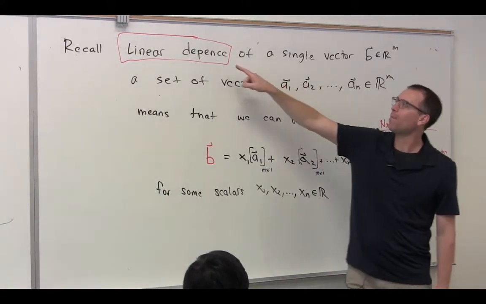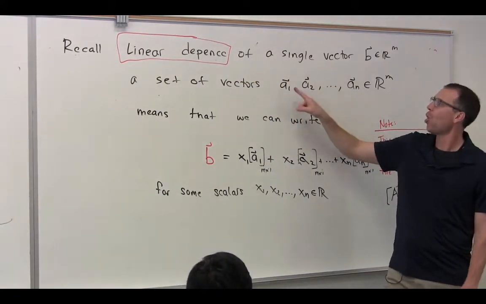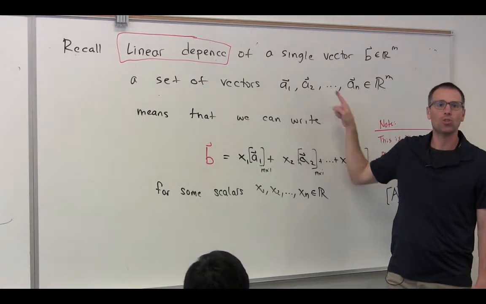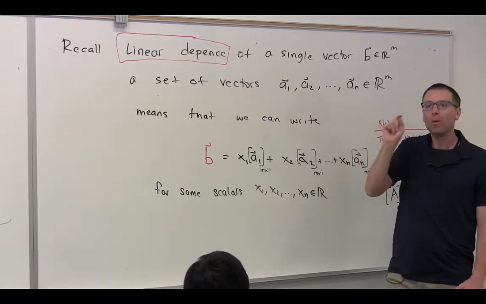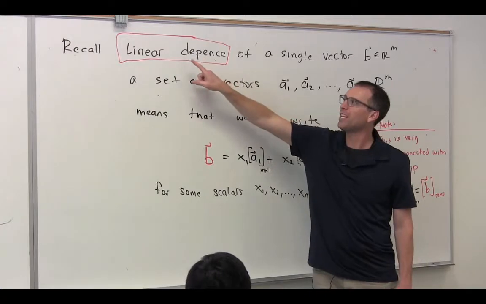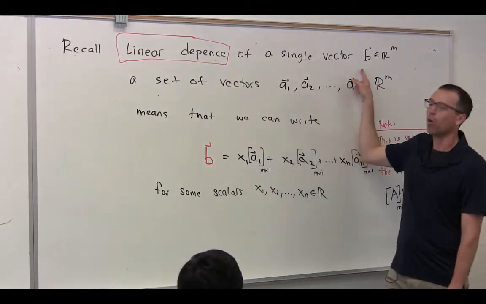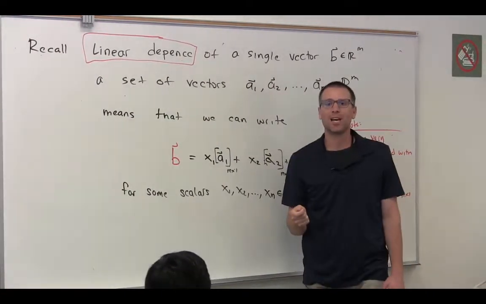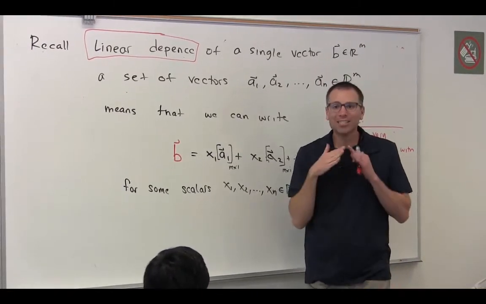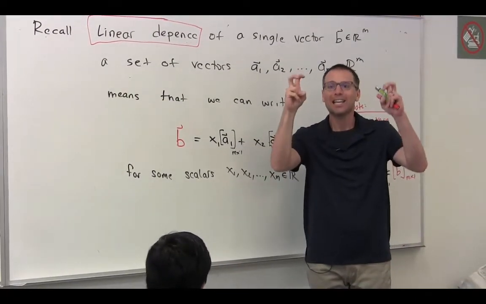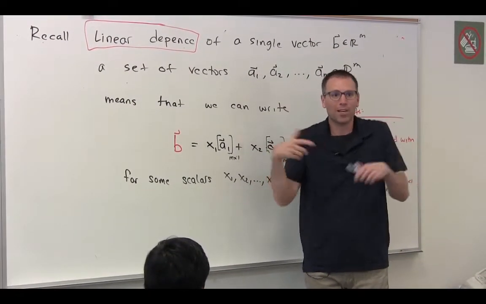Can you claim that B is linearly dependent without the information A1, A2, AN? The moment that I use the concept of linear dependence to describe a single vector, what immediately must I know? You must have a set of vectors. That must be given. Otherwise, it makes no sense, right?